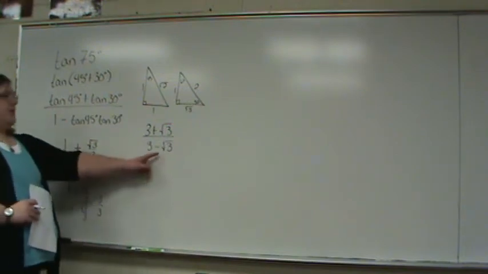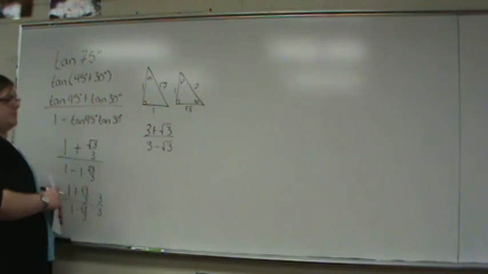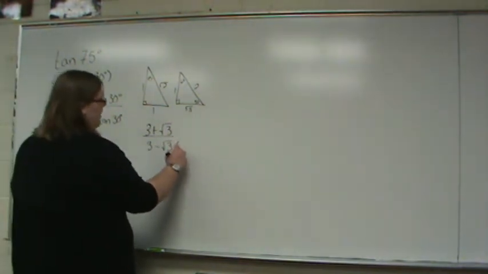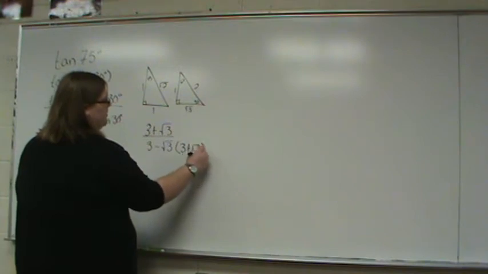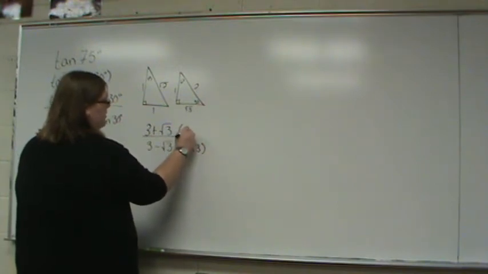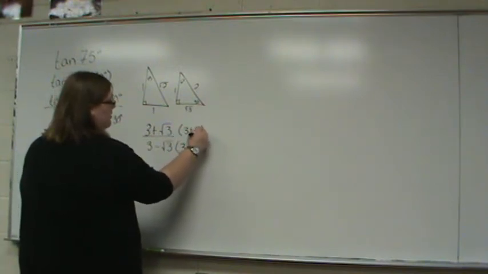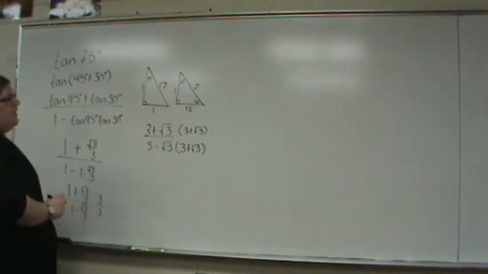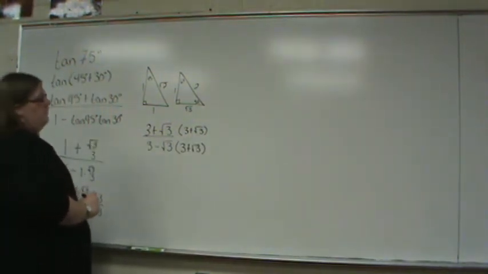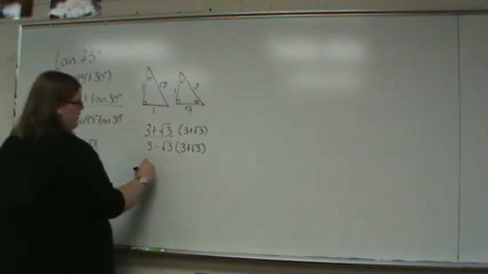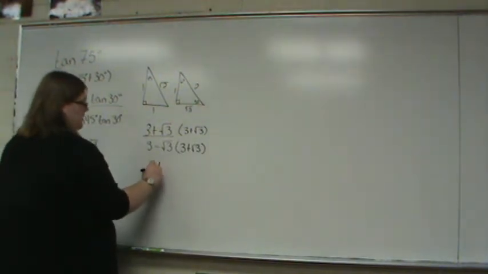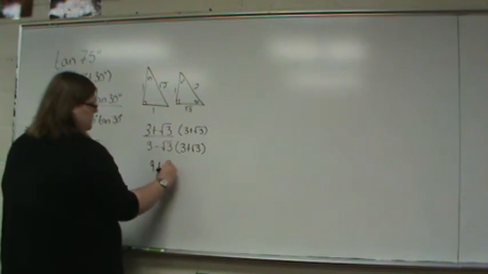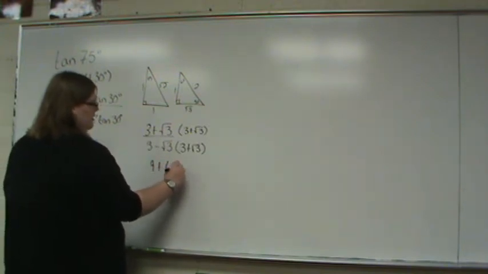So now we still need to get rid of that radical. As I said, we're going to multiply by our conjugate, which is 3 plus root 3. We're going to have to FOIL the top and the bottom. On the top, we're going to end up with 9 plus 6 root 3.